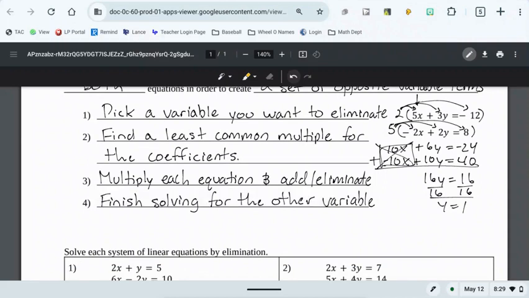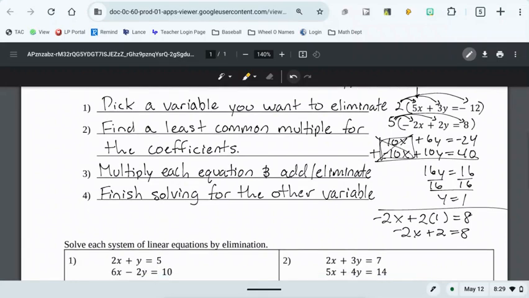So that's step one. Step two, finish solving for the other variable. Again, it does not matter which one we pick. We just need to pick one and plug it in. So -2 times x plus 2 times our y value, which we said is +1, equals 8. So we get -2x plus 2 equals 8.